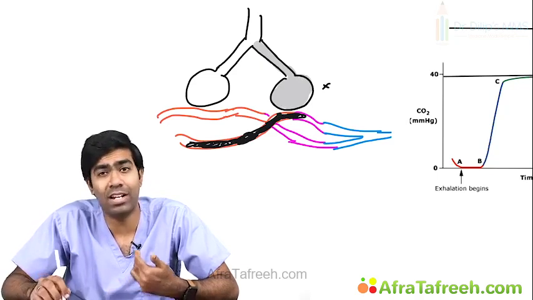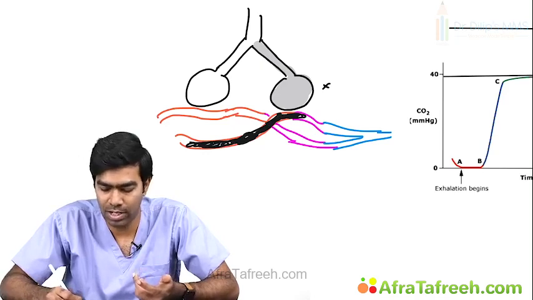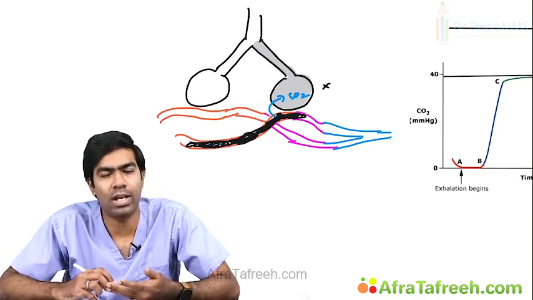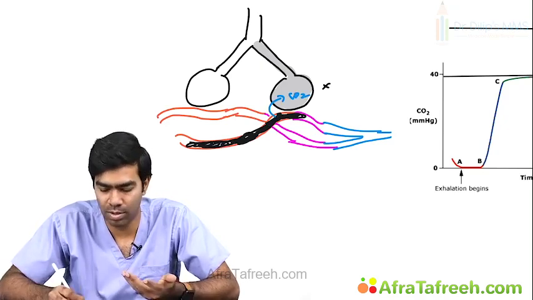But remember, effective ventilation can happen only if carbon dioxide is released into the alveolus. If you don't have perfusion properly, how can you get effective ventilation? You can't, but still air will be coming in and going out. It's behaving like a dead space. The inspired gas comes down, but there won't be any gas exchange at all because of poor perfusion, and the same inspired gas is going to go out.